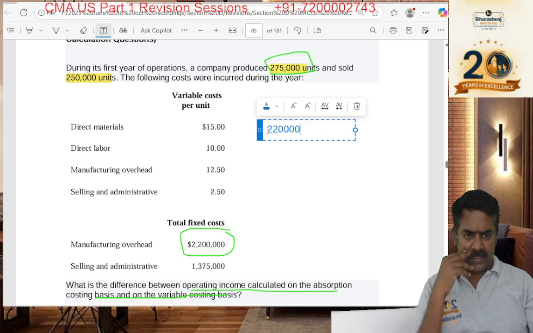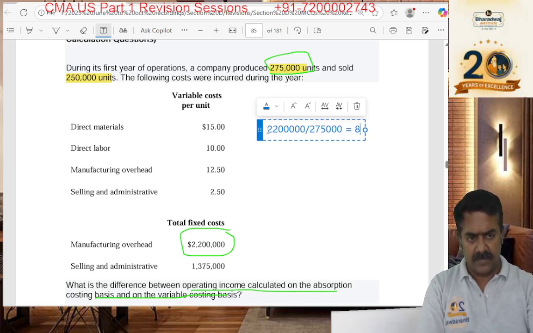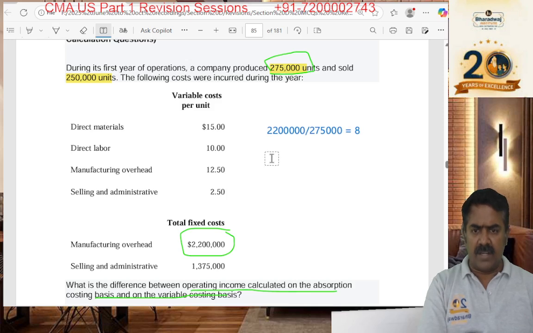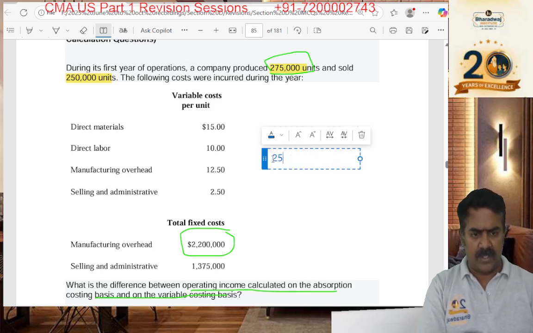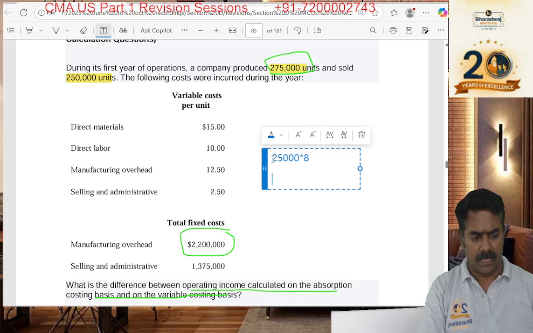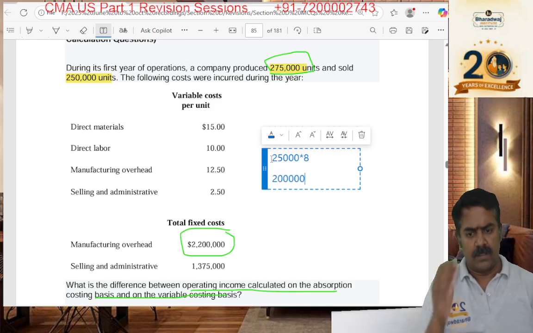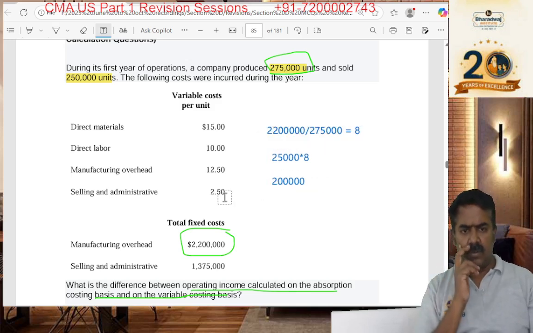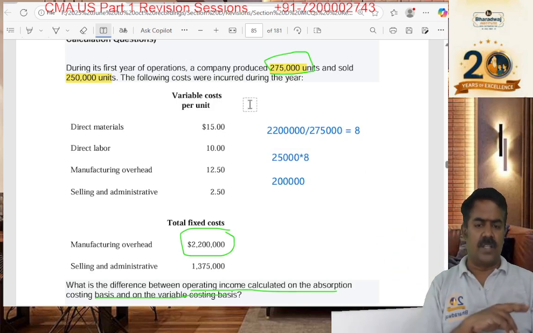22 lakhs divided by 2,75,000, that is 8. What is the inventory difference? 25,000 inventory difference into 8. 25,000 into 8, how much? 2 lakhs. Production is more than sales.